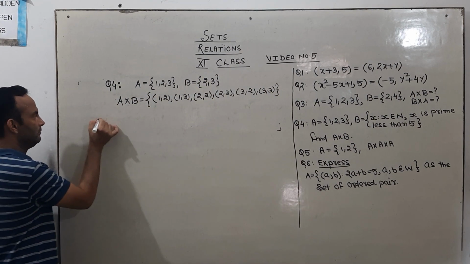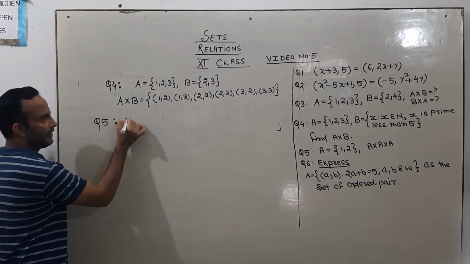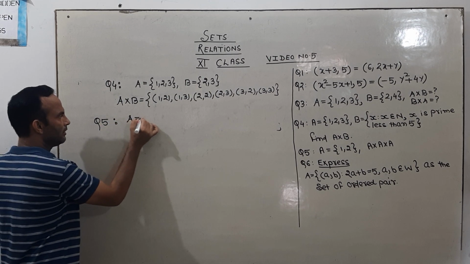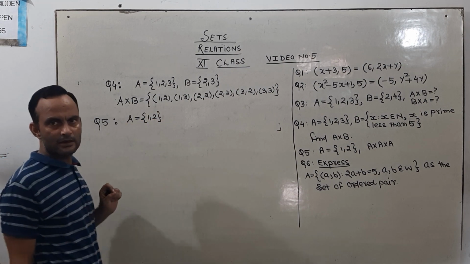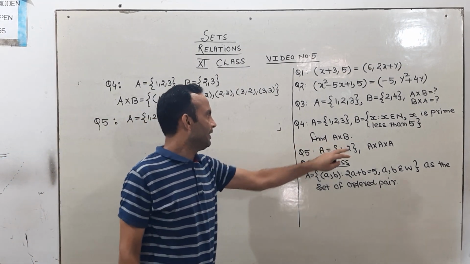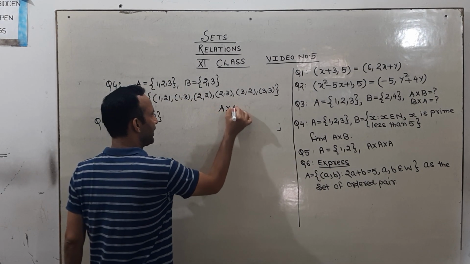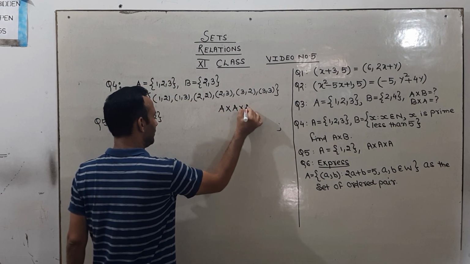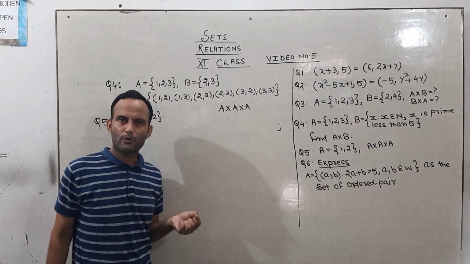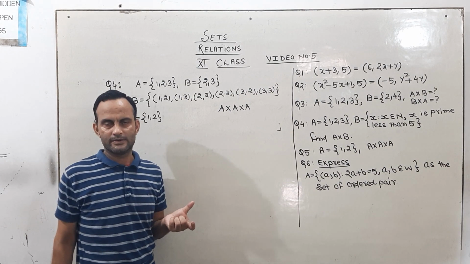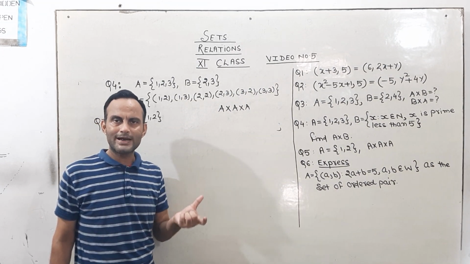Question number 5. Here it is given the set A is {1, 2}. We have to find A cross A cross A. Okay, no problem. To find the Cartesian product between the 3 sets, first find the Cartesian product between 2 sets.